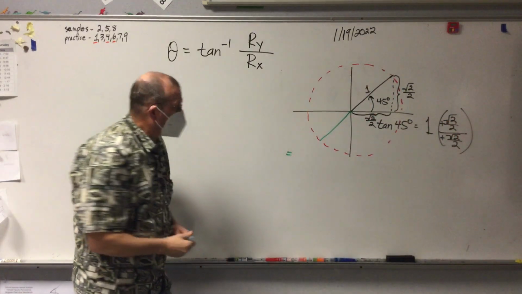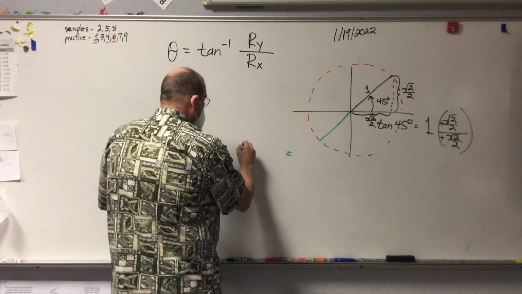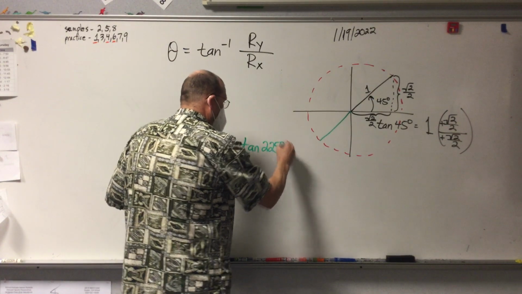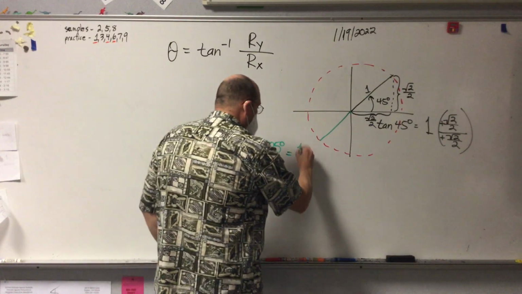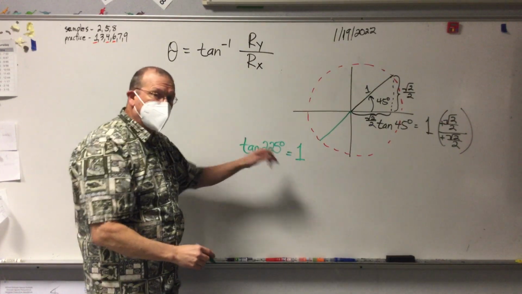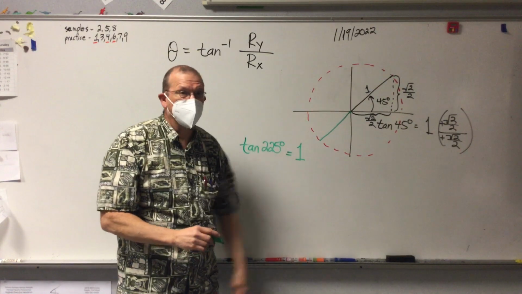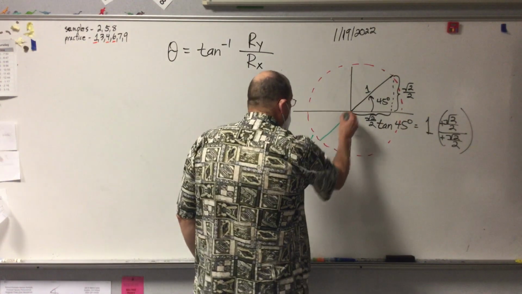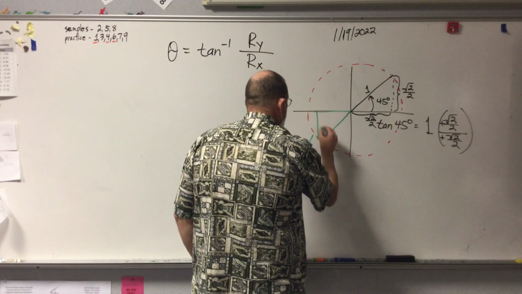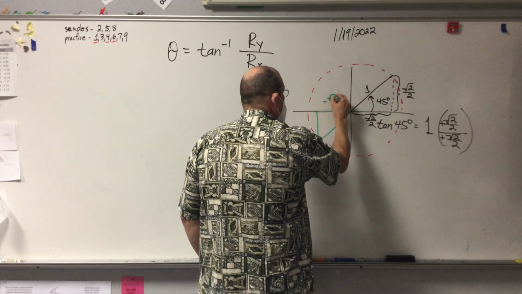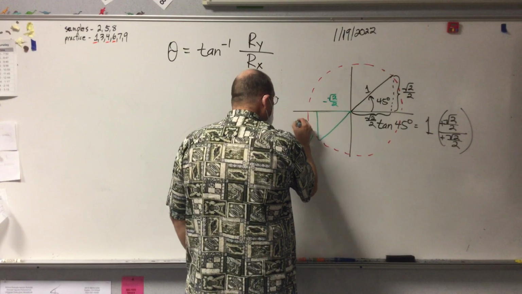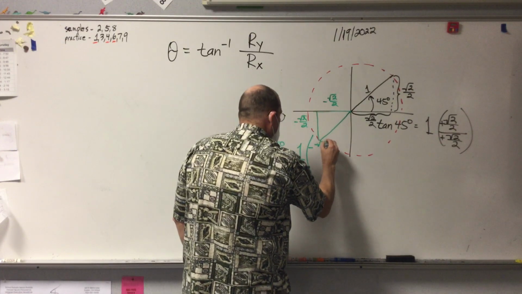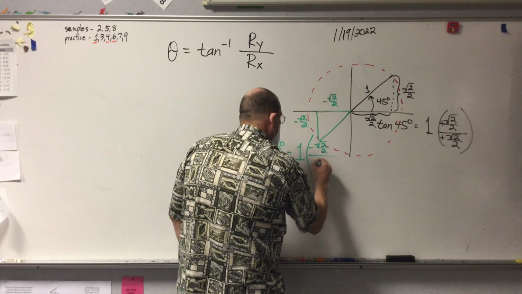That's how we get that one. But if we were to do this, we would still get 1, but how is this 1 different from that 1? Negative. It is formed because this is negative root 2 over 2, and this is negative root 2 over 2. Now I'm being really explicit here.